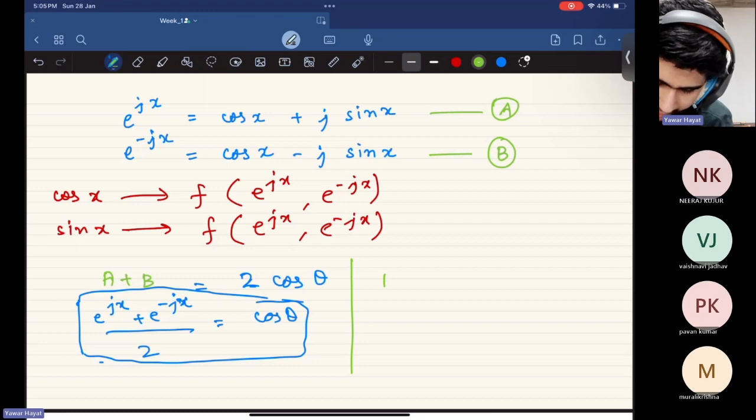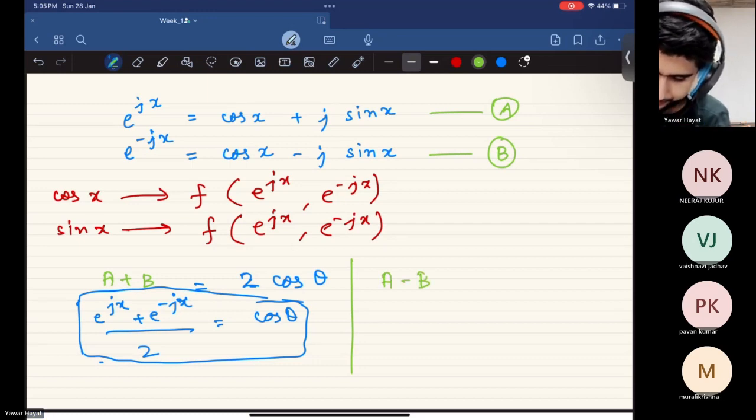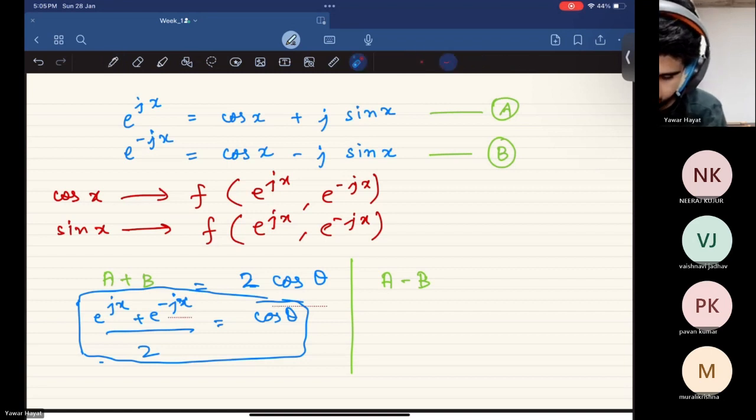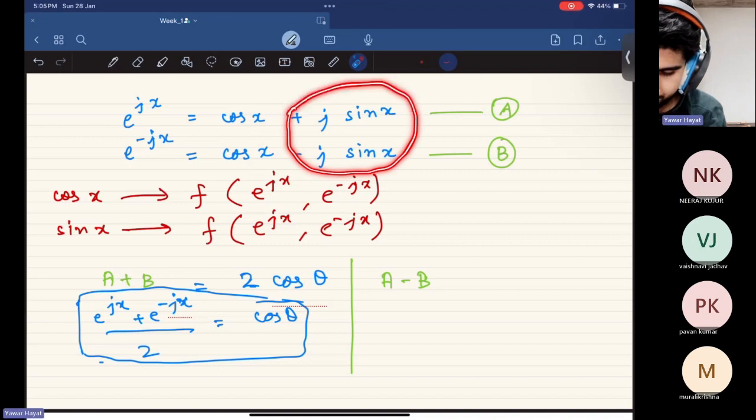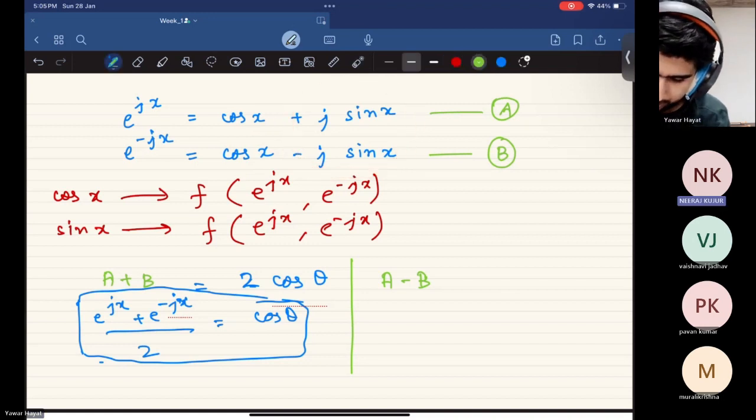Now, what if I take the subtraction a minus b? The cos x will cancel, and the minus sign changes to plus, so this adds up to 2j sin x.